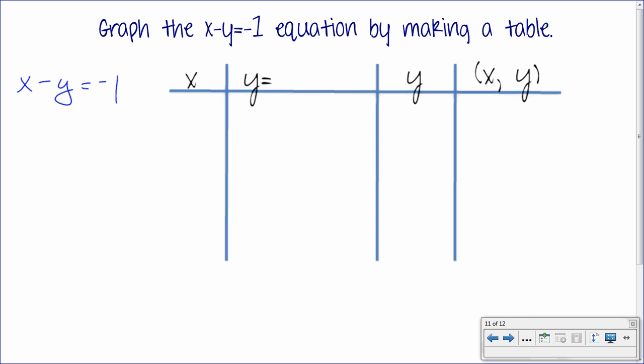Subtract X from both sides. It gives me negative Y equals. Now notice, where am I putting the X? In front or after? Put it in front. You've got to start doing that. Start putting it in front, right here. Now what? Put the one in.